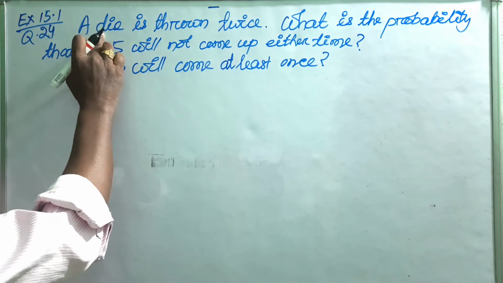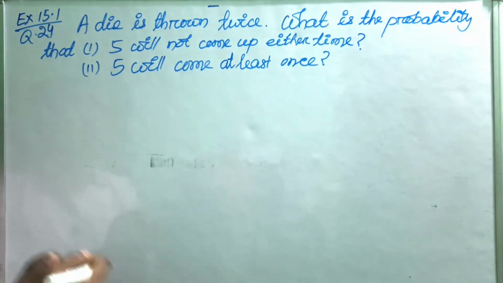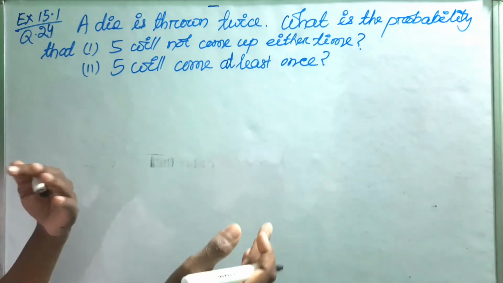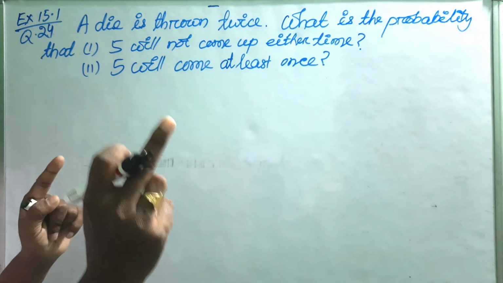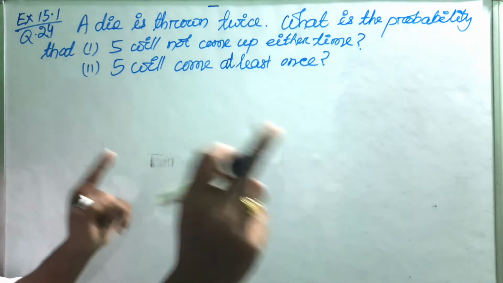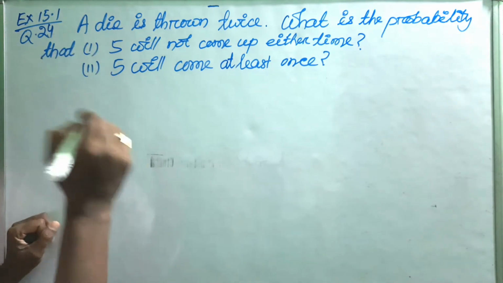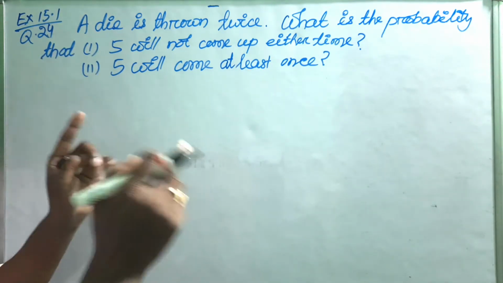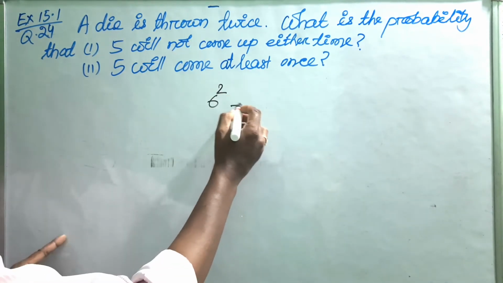So here the question is, a die is thrown twice. A die is thrown twice or two dice are thrown simultaneously, this is the same thing. A die has 6 outcomes, that is 1 to 6: 1, 2, 3, 4, 5, 6. So if a die is thrown 2 times, then the total number of outcomes will be 6 squared, that is 36.